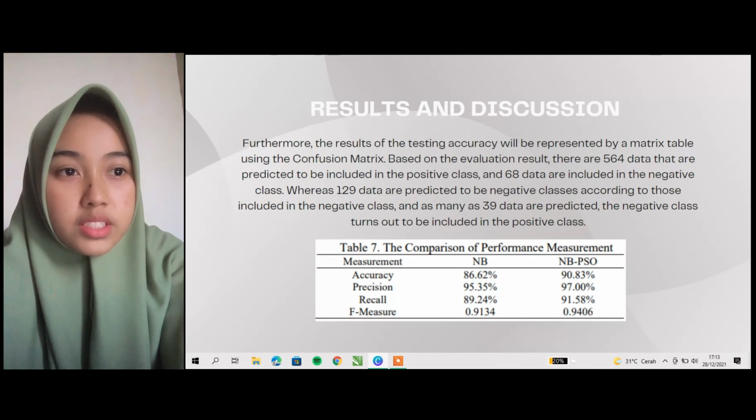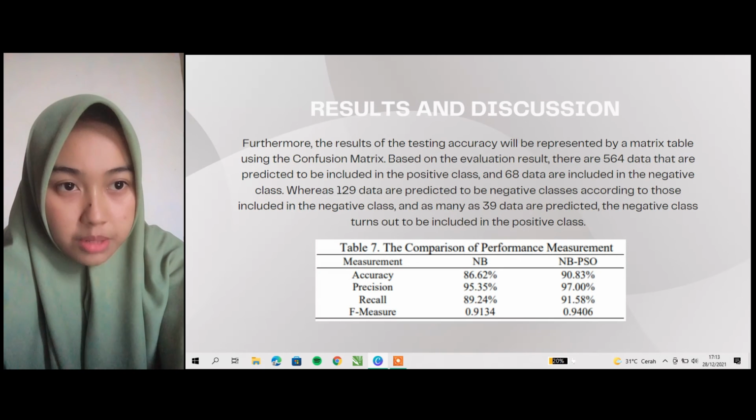Furthermore, the result of the testing accuracy will be represented by a table using the confusion matrix.